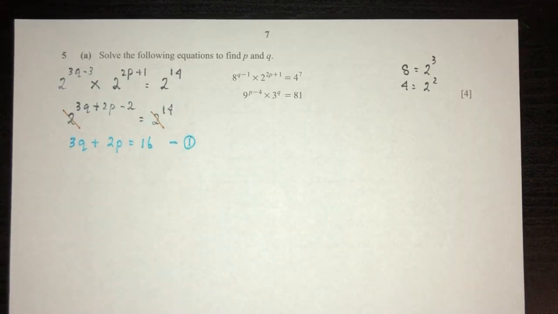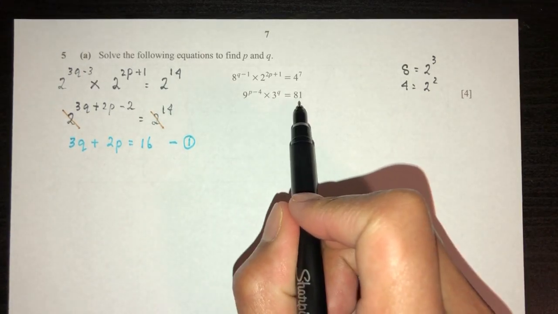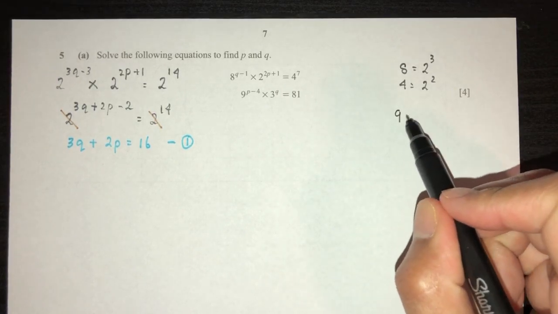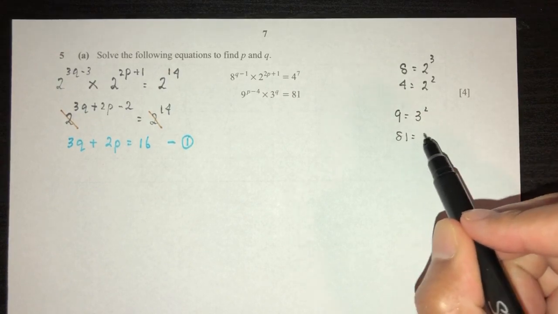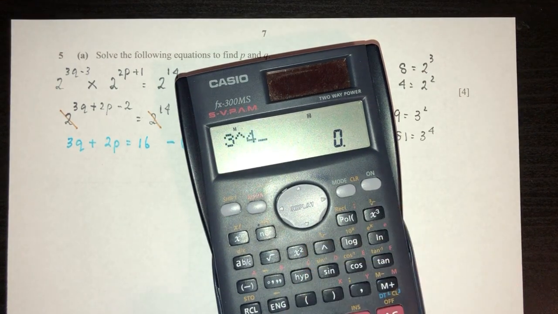Now same thing for this one. Looking at the bases, you have 9, 3, 81. We realize that these numbers are multiples of 3. I know that 9 is equal to 3 power 2, and 81 is equal to 3 power 4. We can check, 3 power 4 is 81.